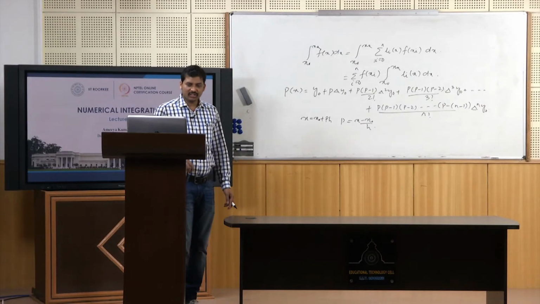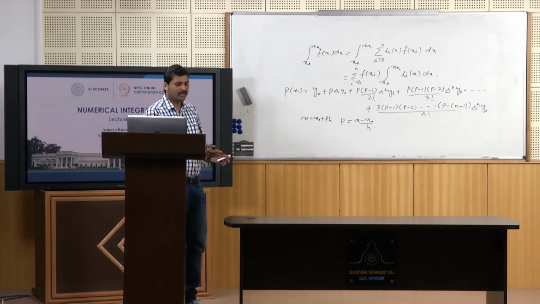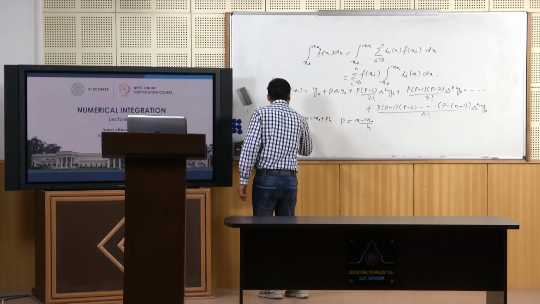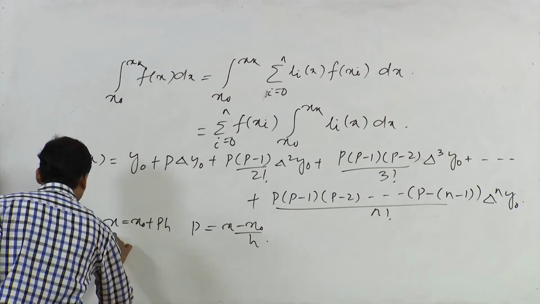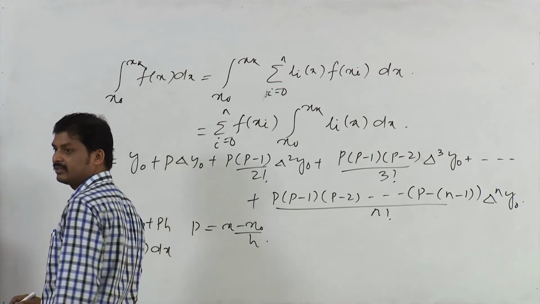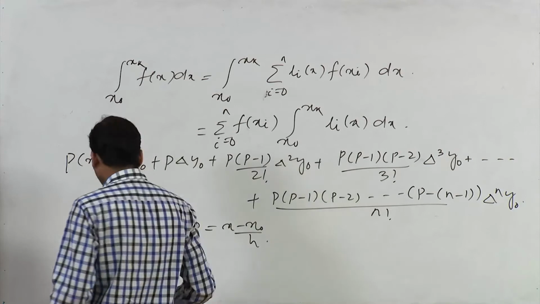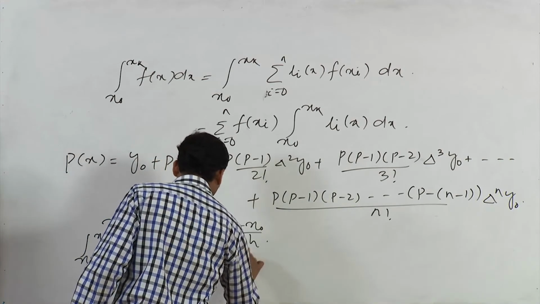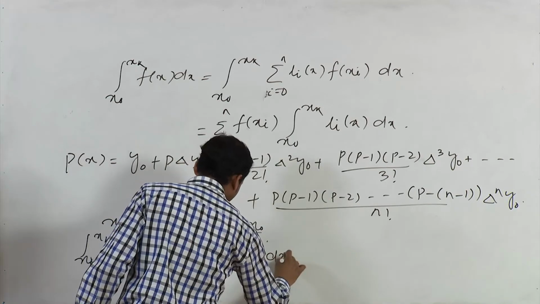If we use integration for this formula, then we can write the integration from x0 to xk of P of x dx, or it can be written as x0 to xk f of x dx.